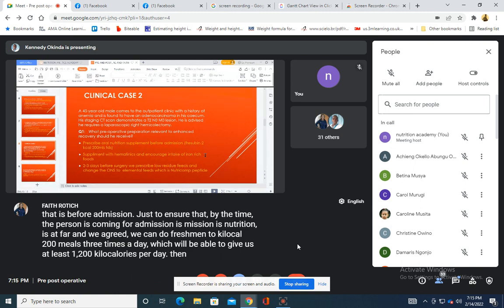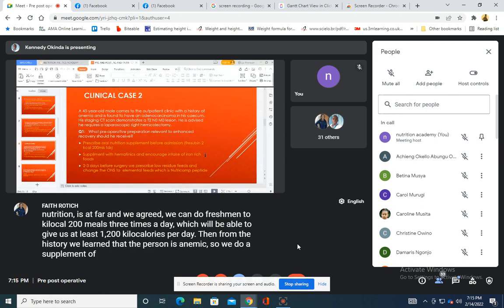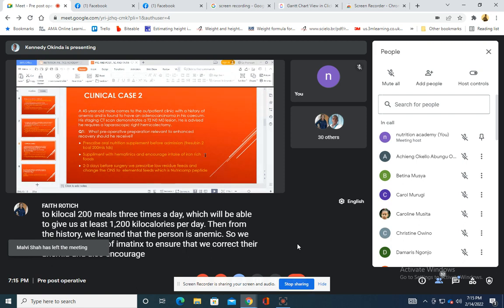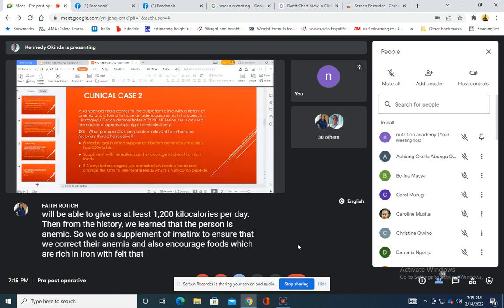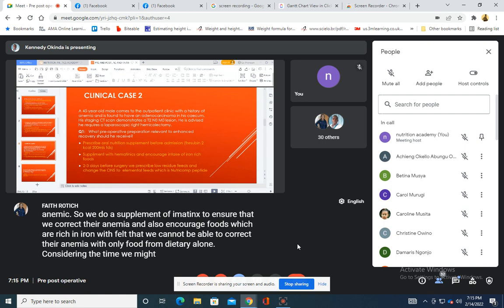Then from the history, we learned that the patient is anemic. So we do an iron supplement to ensure that we correct the anemia and also encourage foods which are rich in iron. We felt that we cannot correct the anemia with dietary intake alone, considering the time it might take to be well corrected.